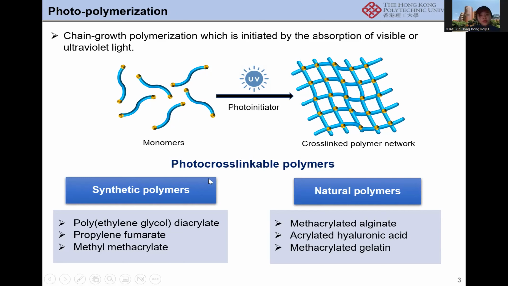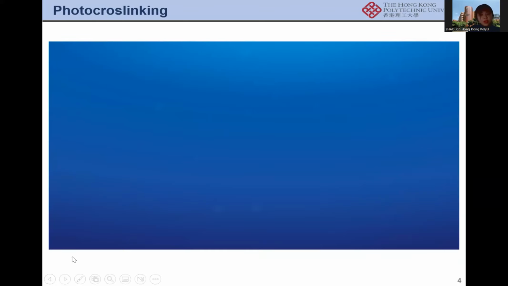Today we are going to talk about two types of photo-crosslinkable polymer. One is the synthetic polymer, and the other is the natural polymer. This is a cartoon showing how we can form these three-dimensional photo-crosslinkable materials.